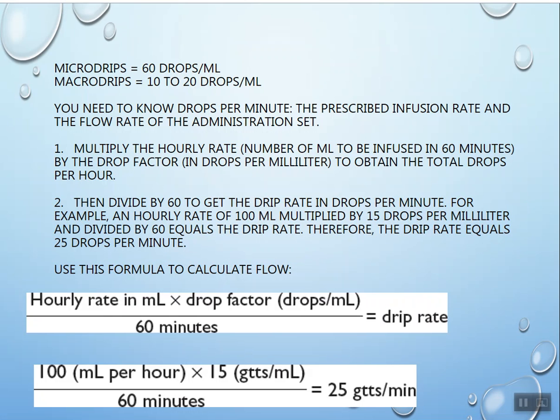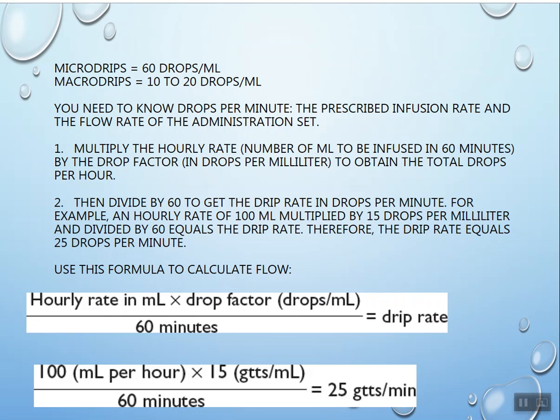And the drip rate would be 25 drops per minute in this instance, and therefore we would have to count for maybe 15 seconds to get our roller clamp or the pump clamp to get that there are 25 drops in that chamber every minute.